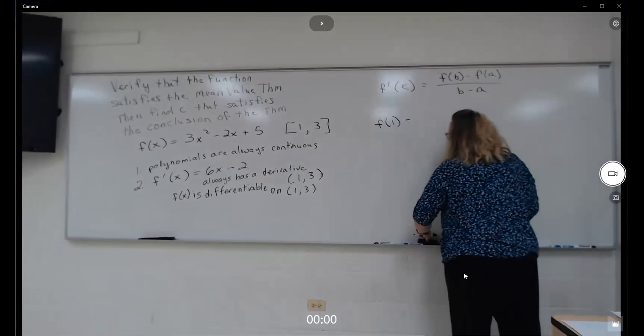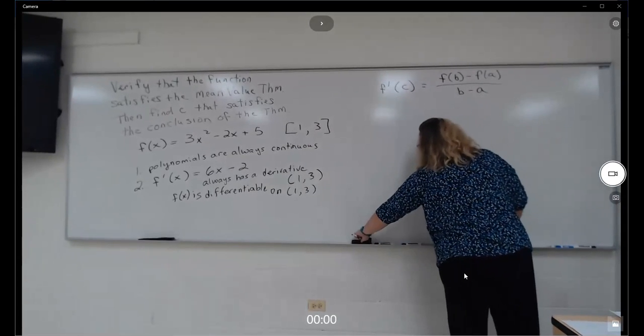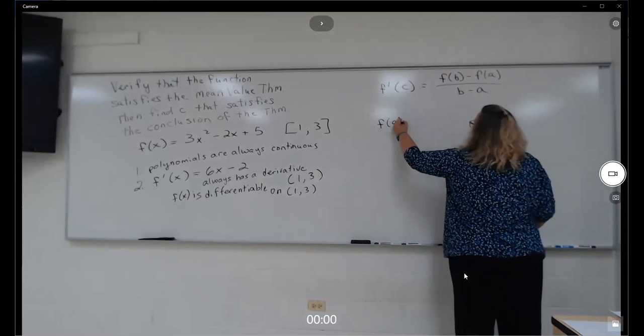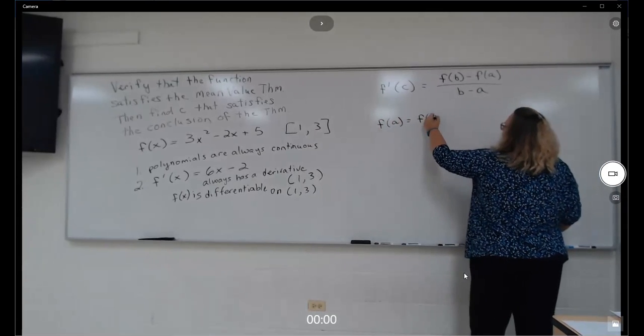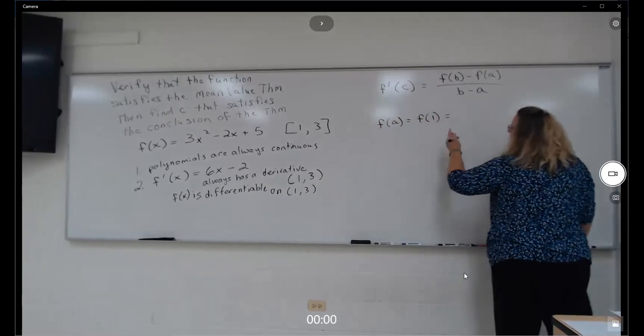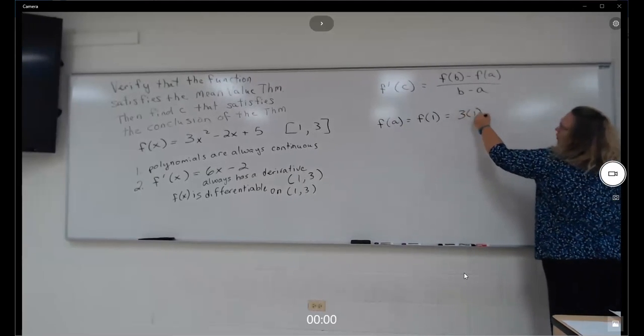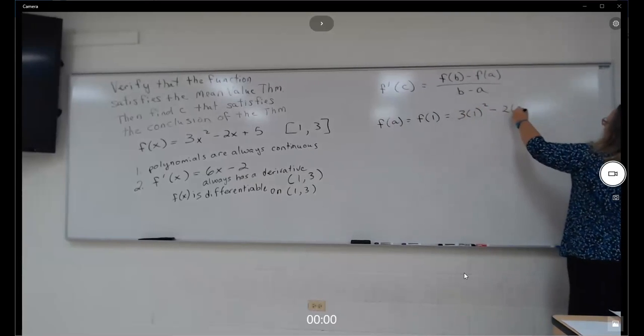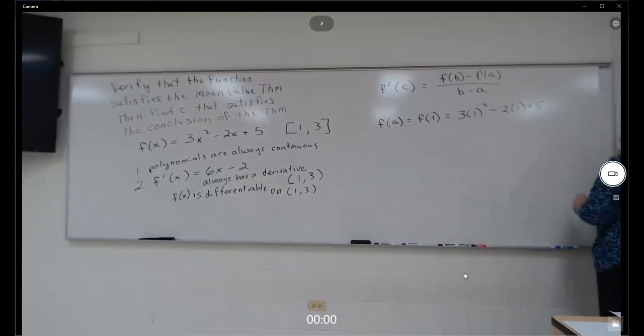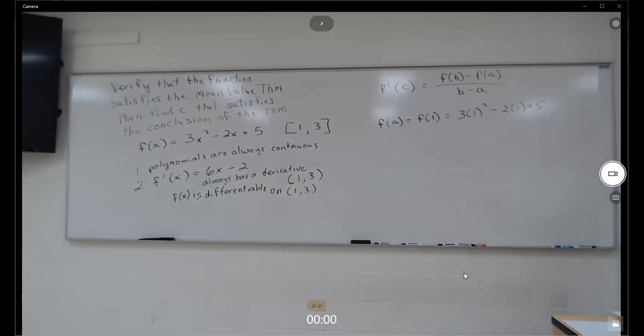There are a couple ways we can write it. We can write f of a, which is f of 1. And then we notice we're not doing anything with the derivative. We just have to go find the y value. So it's 3 times 1 squared minus 2 times 1 plus 5. That gives us 3 minus 2, so 6.